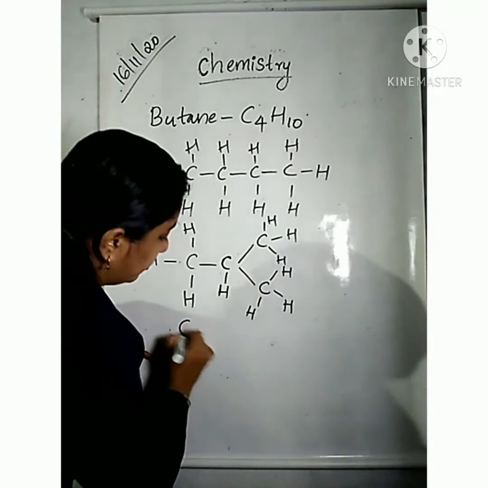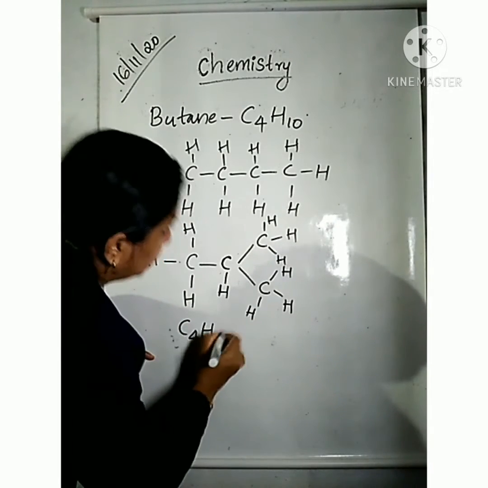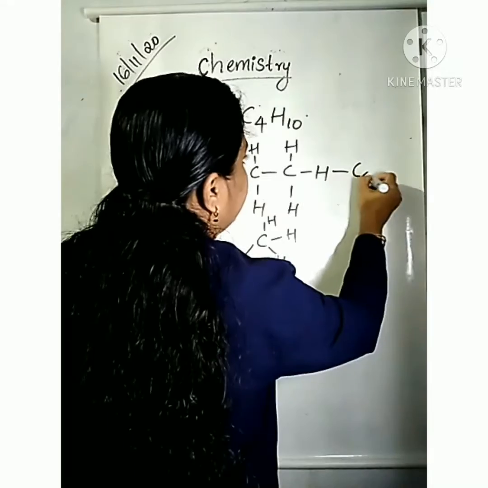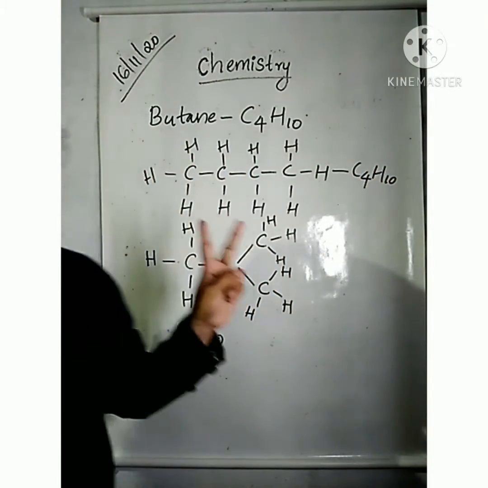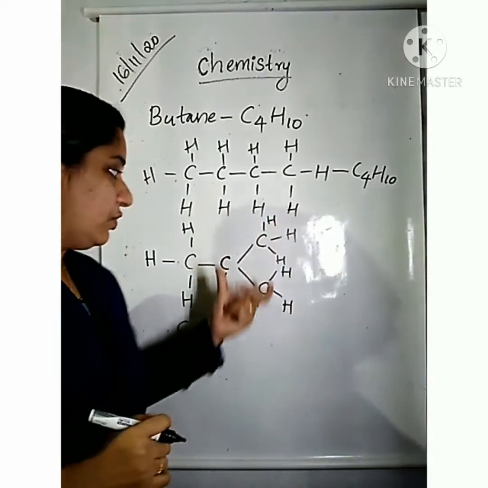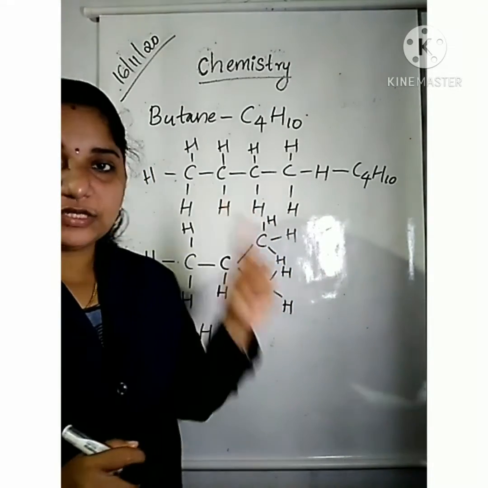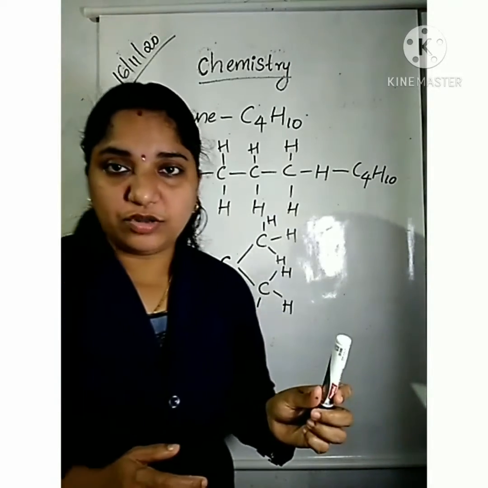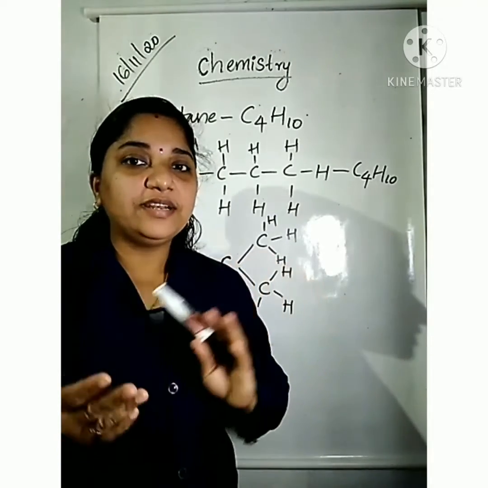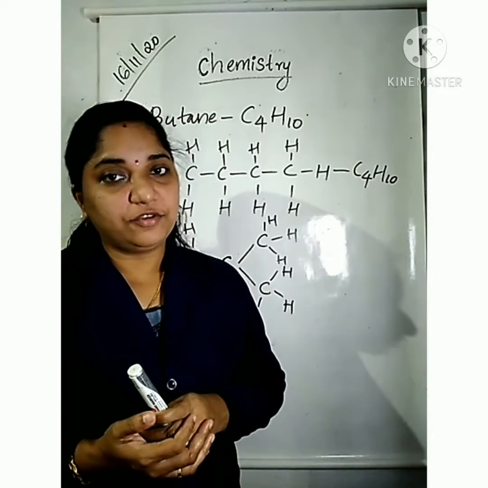Here its molecular formula is C4H10. Here also C4H10. So the same compound we can represent in 2 structures. That is, compounds having the same molecular formula but different structural formulae.